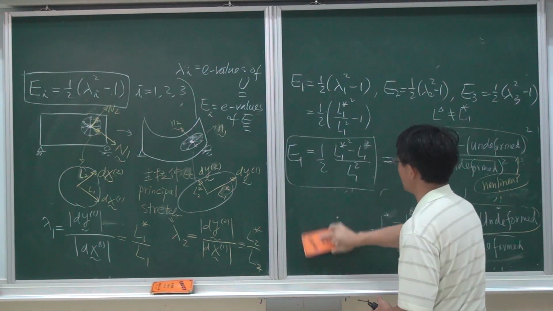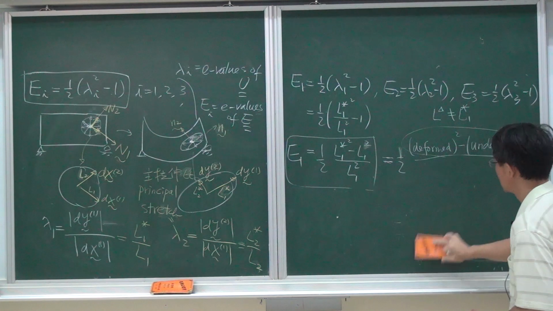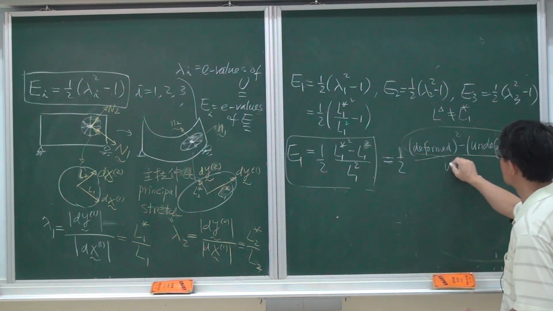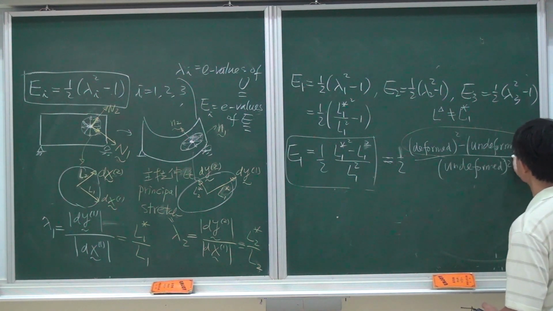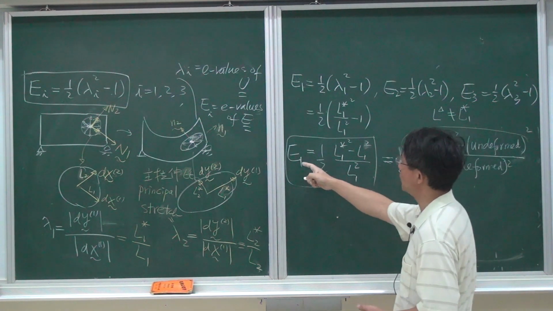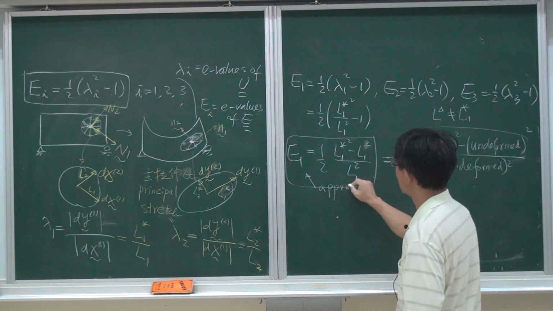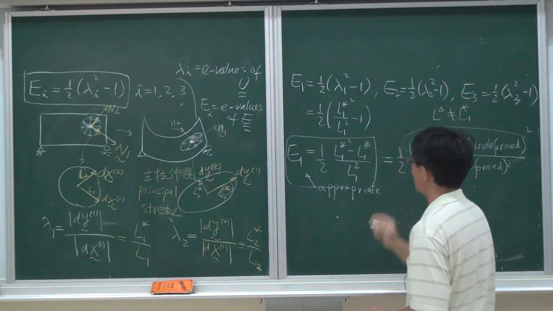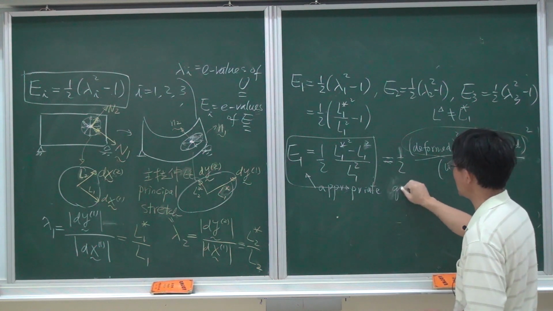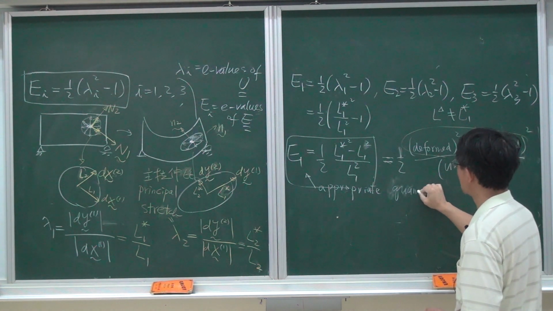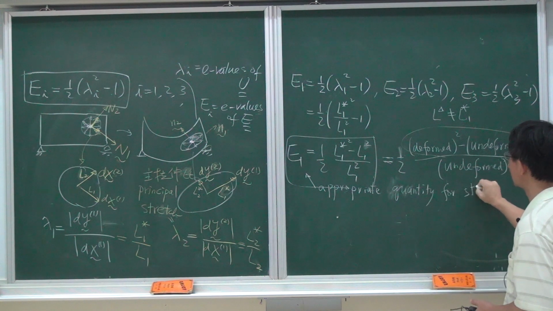Let me erase the blackboard a little bit and then talk about one more thing. As you know, E1 is the appropriate quantity for strain.